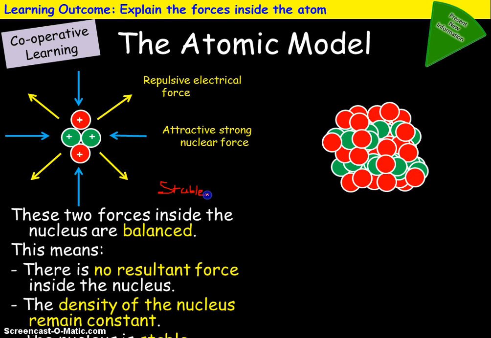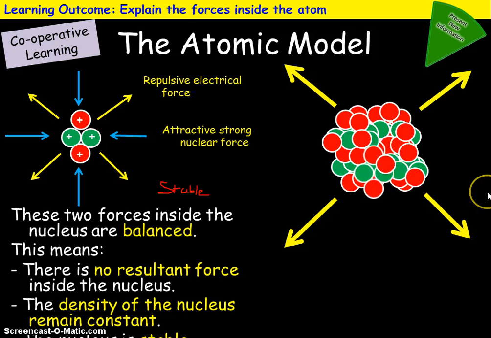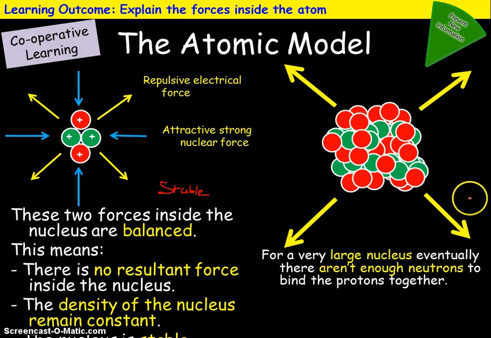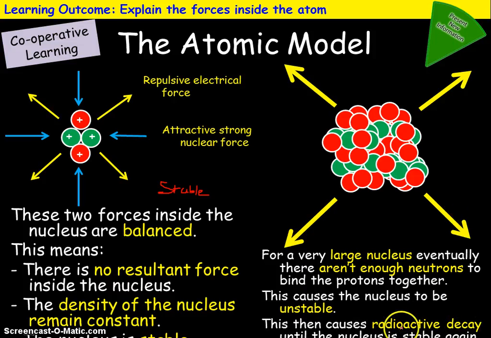Now with a very, very large nucleus, that same thing doesn't happen. There's now a massive repulsive force which has to cause something to happen. So what the nucleus does is it fires out some protons and neutrons to reduce that overall charge, and this is what we call radiation. So radioactive decay is caused when a nucleus is unstable.